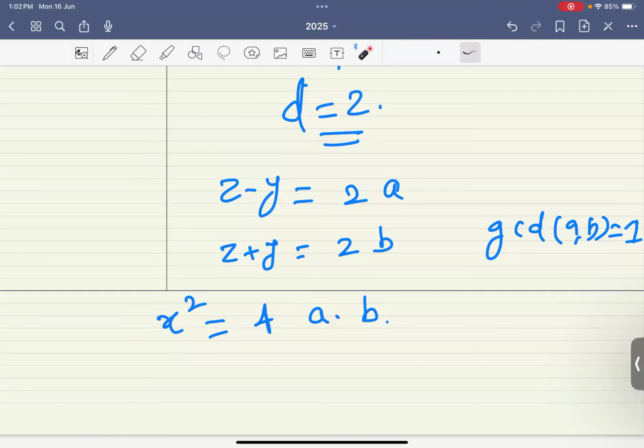You can't have any prime number which is odd in power because that prime number will not be present here, because the GCD is 1, and in that case this will not be a perfect square, but the left hand side is a perfect square. So that tells you that a must be a perfect square, something like n square, and b must be a perfect square, something like m square.